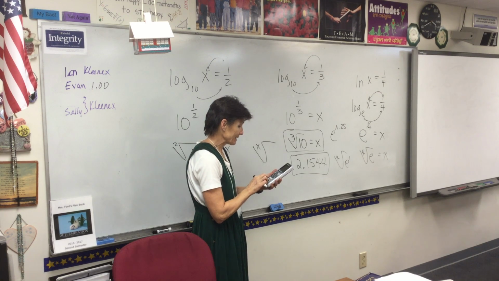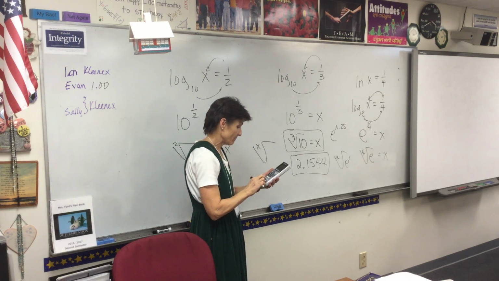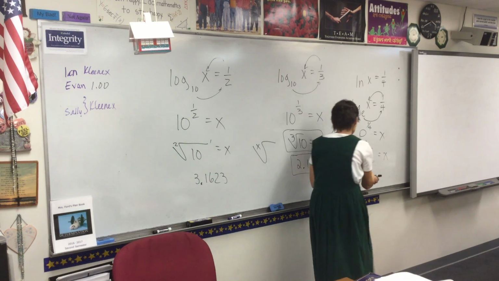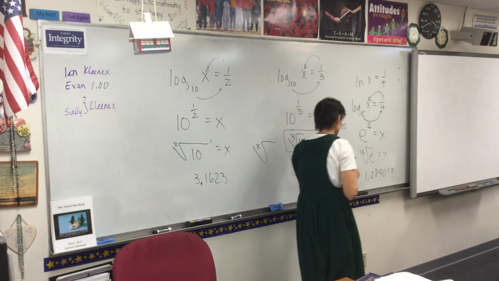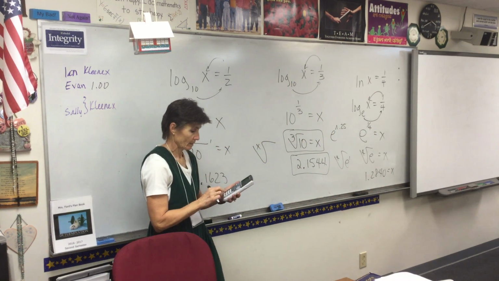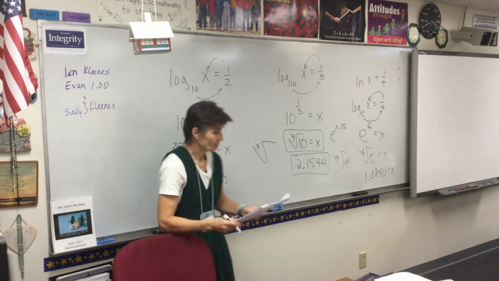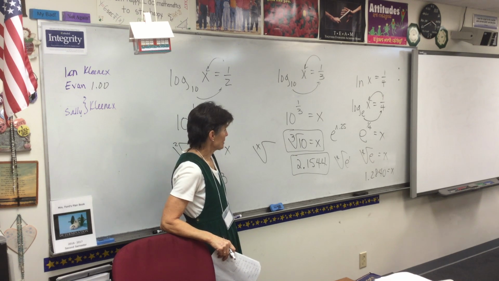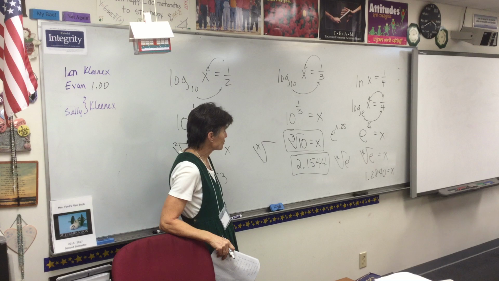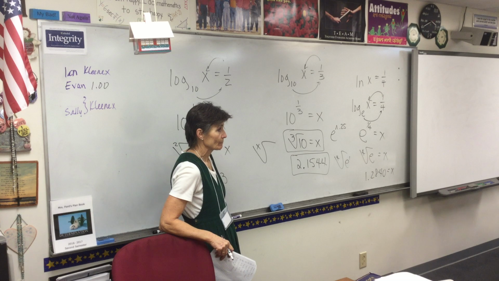I like to just second ln 0.25. But however you do it, see if you get 1.2840. That's what you should end up with. One-fourth decimally is 0.25. So e to the 1/4 is like e to the 0.25. I can type that in instead of using my radical sign. Okay?